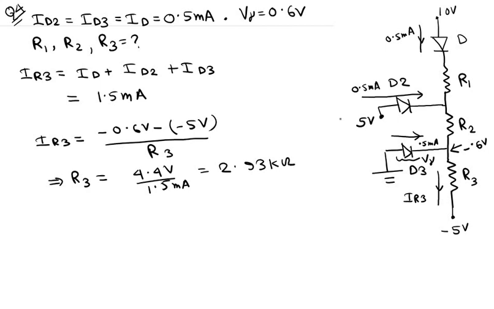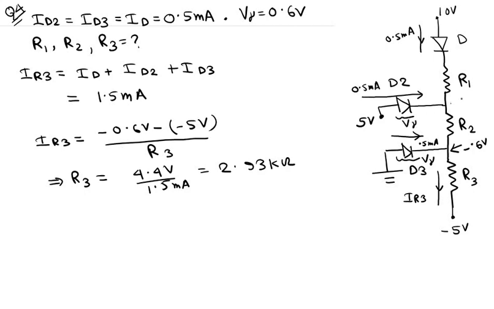Okay, now let us find out what the value of R2 is. So note that this voltage is 5 volts over here, and then a current of 0.5 milliampere actually flows across this diode D2. Since this diode is forward biased, the voltage across this diode must be V gamma.